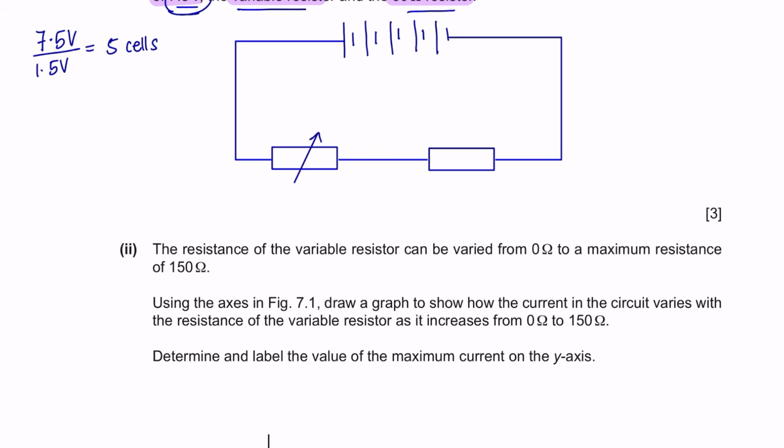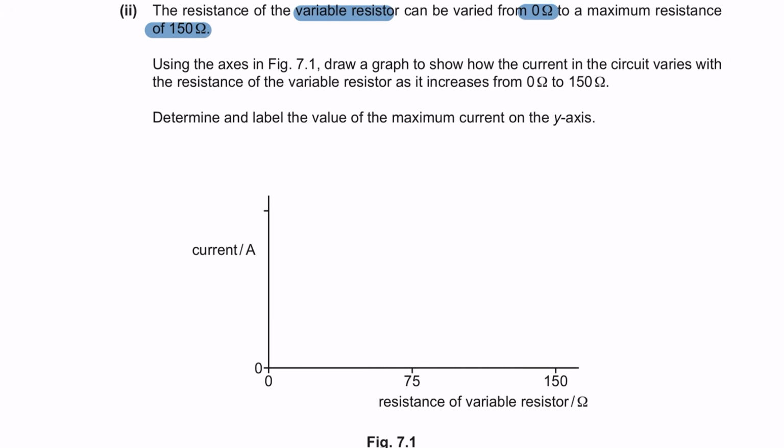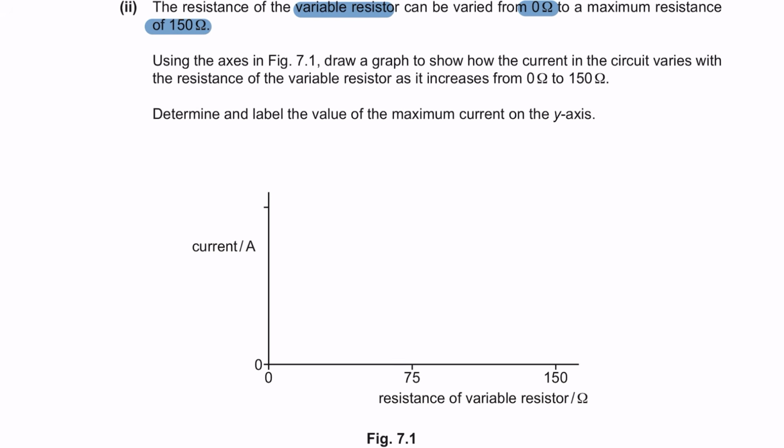Next, part 2. The resistance of the variable resistor can be varied from 0 ohm to a maximum resistance of 150 ohms. Using the axes in figure 7.1, draw a graph to show how the current in the circuit varies with the resistance of the variable resistor as it increases from 0 ohm to 150 ohms. Before that, we first need to understand the relationship of current and resistance.